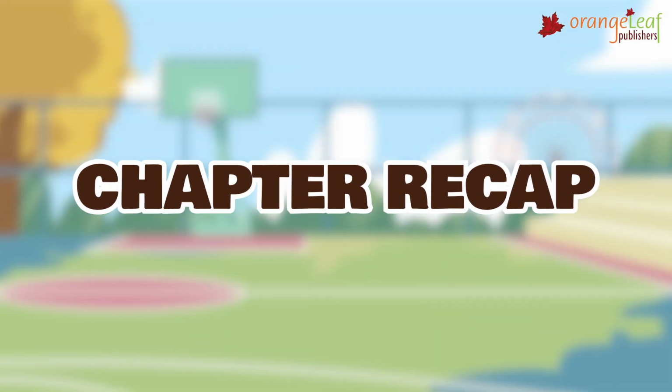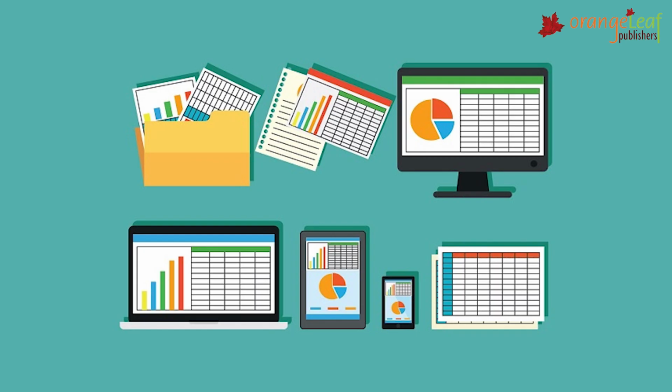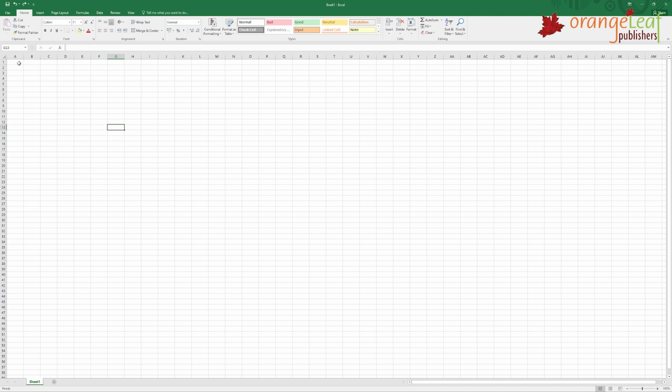Chapter Recap: An electronic spreadsheet is a computer program that allows you to organize data, perform calculations, and present your data in a table or graph. Clicking the up, down, left, or right arrow keys will move the active cell in the selected direction one row or column at a time.